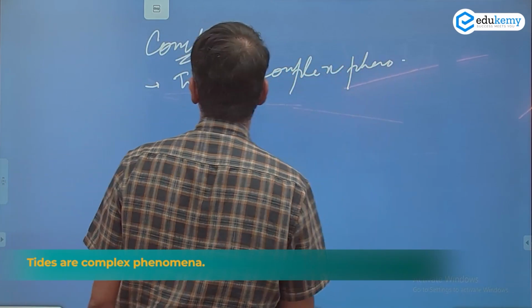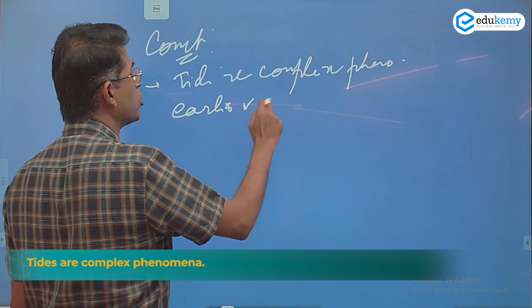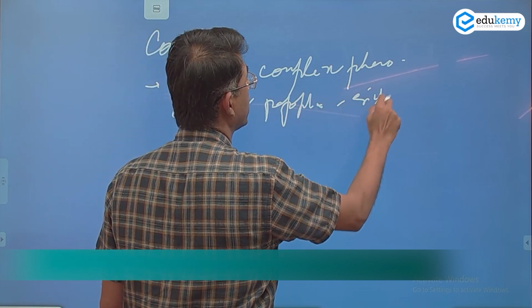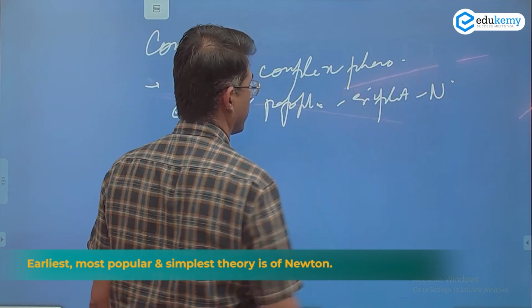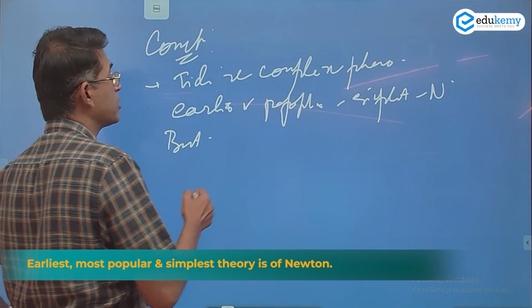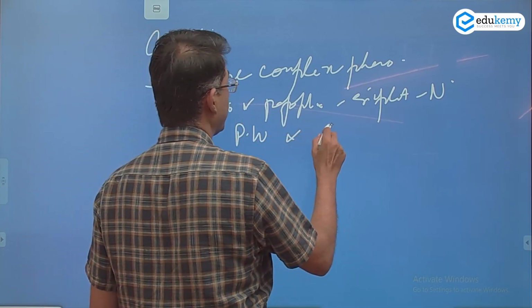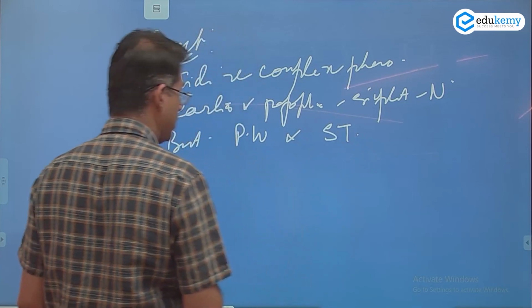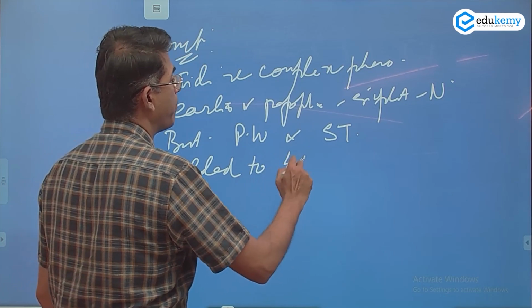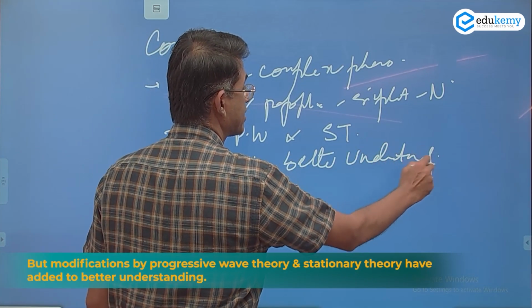The earliest, the most popular, and also the simplest theory is that of Newton. But modifications by the progressive wave theory and modifications by the stationary wave theory have added to our better understanding.